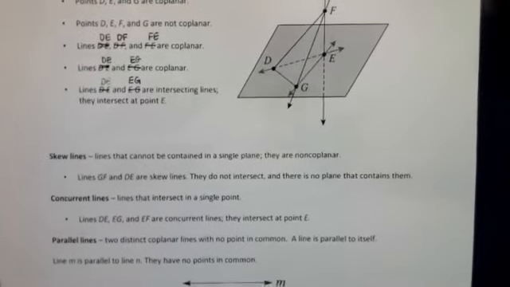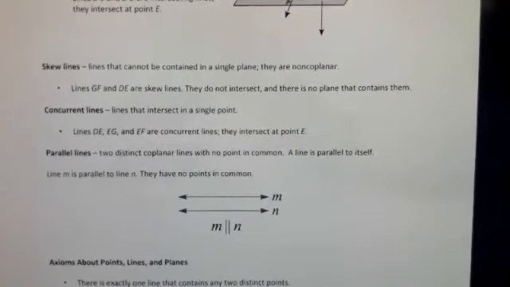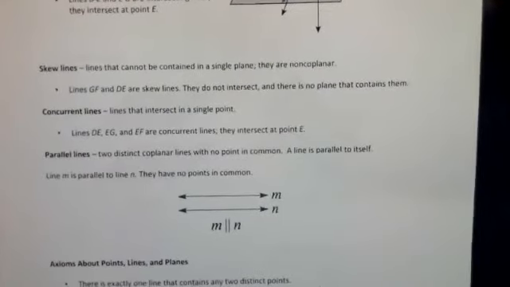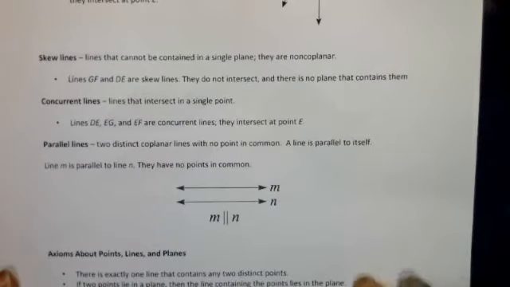Okay. All right, now we got parallel lines. Those are two distinct coplanar lines with no point in common. And a line is, of course, parallel to itself. Okay.